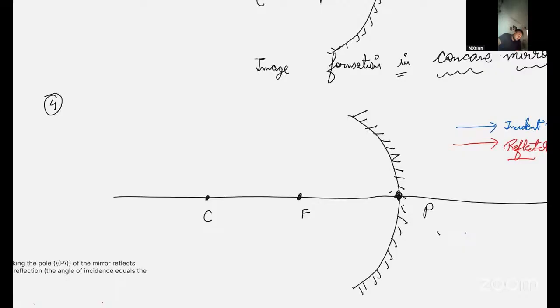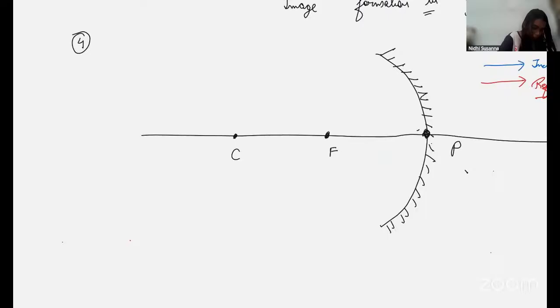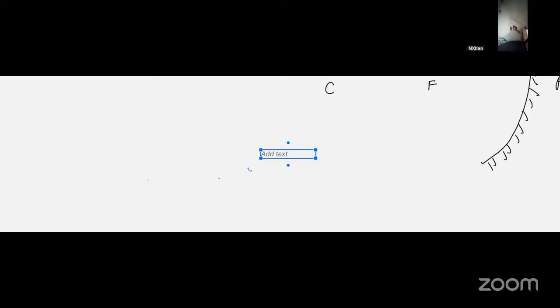Almost one. We are making the concave mirror, right? Yeah.